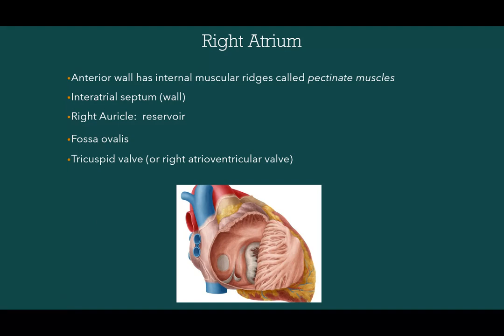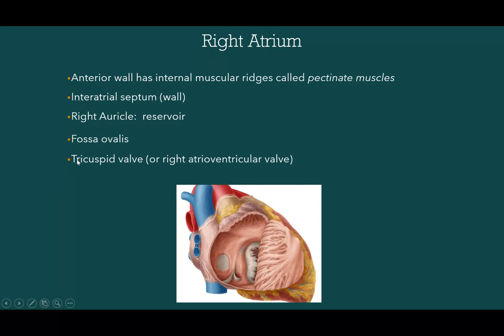Fossa ovalis. And this is a remnant structure from something called the foramen ovale, which was a literal opening in the fetal heart. And then it closes right after birth. And then we have this remnant, this little fossa about right here. Okay, so fossa ovalis.